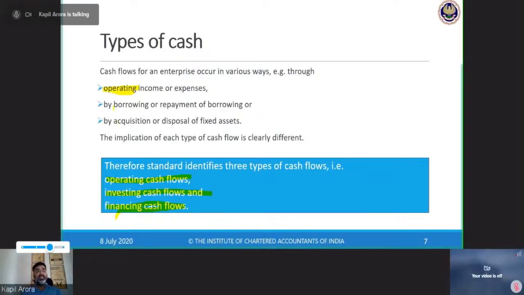The other way is that I generate cash, receive cash or pay cash from financing activities, which is by borrowing, by repayment of borrowings, or by issuing equity.